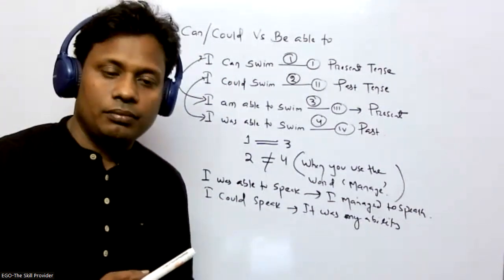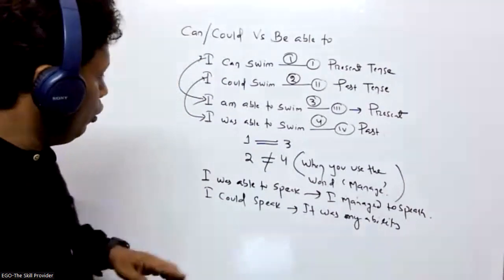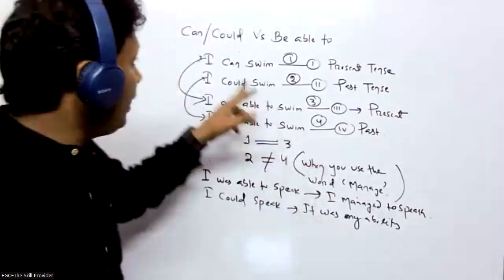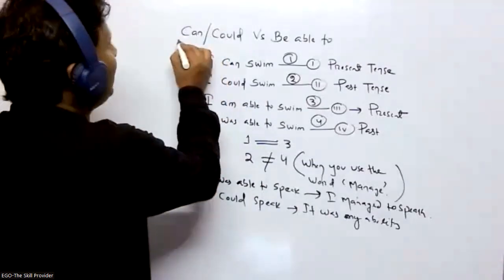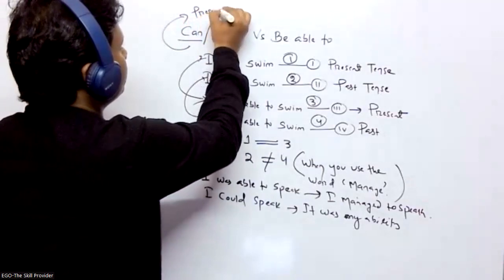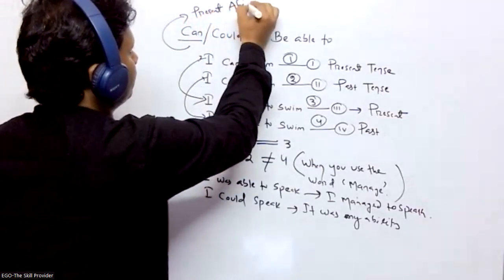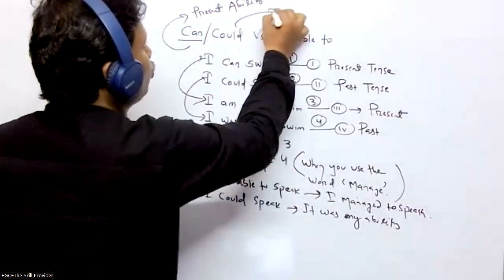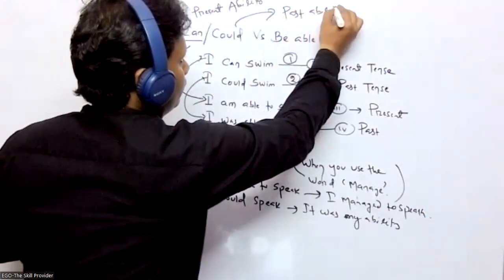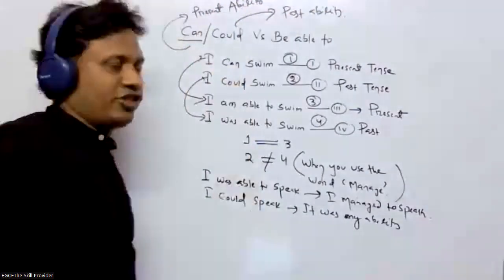So I could speak. Look, I could speak means it was your ability. Look, can is used for present ability, and could is used for a past ability, and these are called modals.